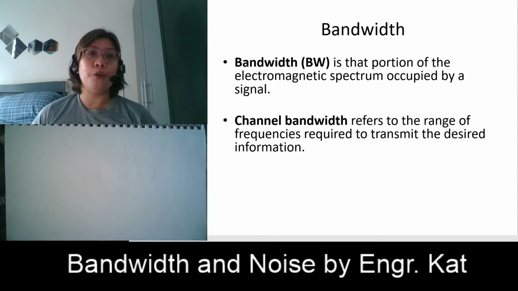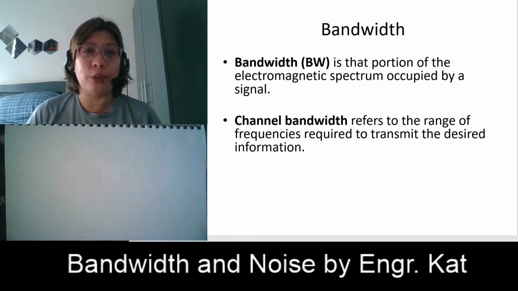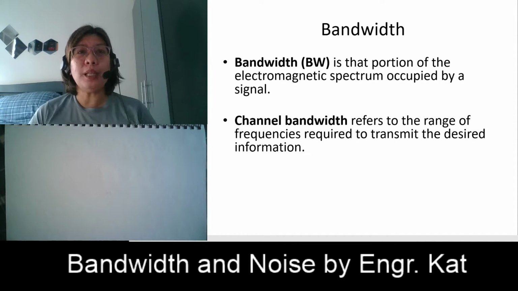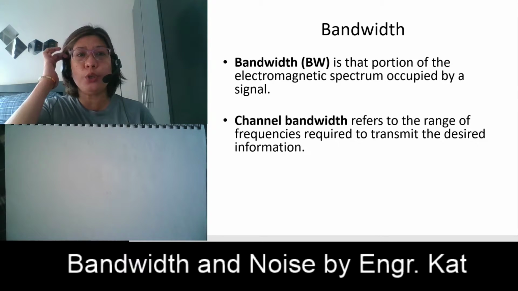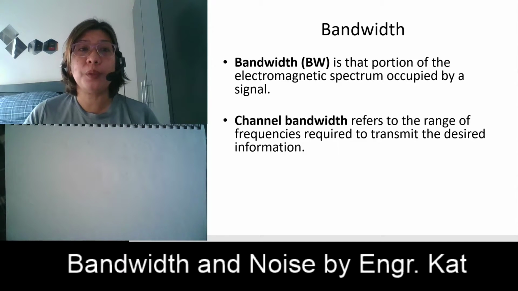How fast or how slow you are going to transmit or receive your information is dependent on your bandwidth. So basically, defining bandwidth: bandwidth is that portion of the electromagnetic spectrum which is occupied by your signal.